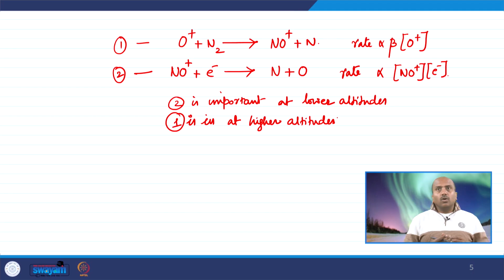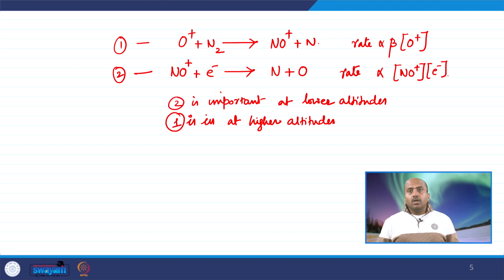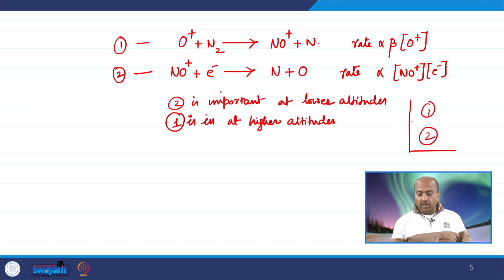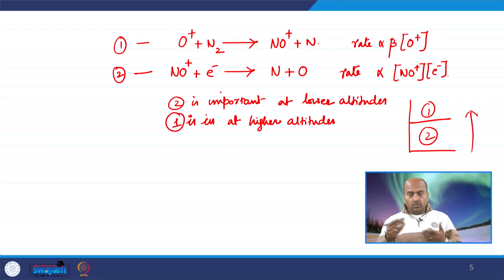That means not at every altitude are both of them equally important. So, at lower altitudes 2 is dominant, and at higher altitudes 1 is dominant. So, there must be a height where there is a transition between 1 and 2, or 2 and 1 if you are traveling from below to top.